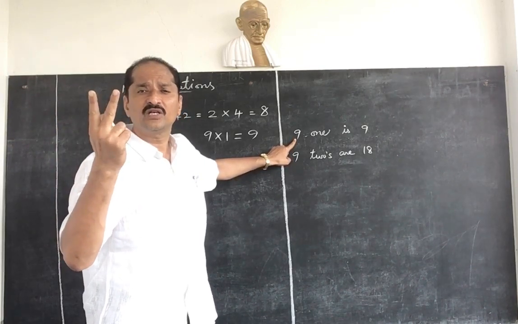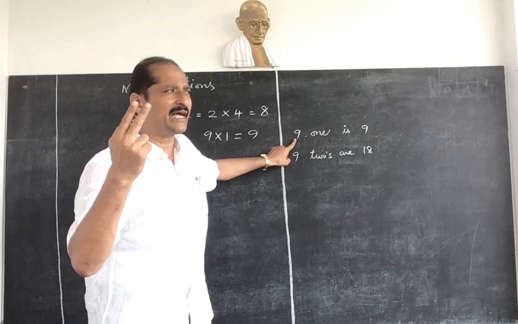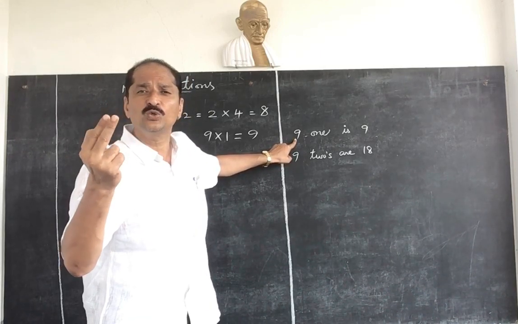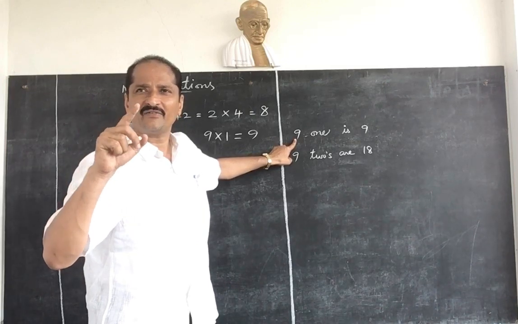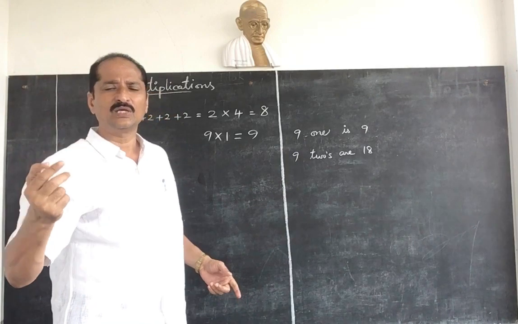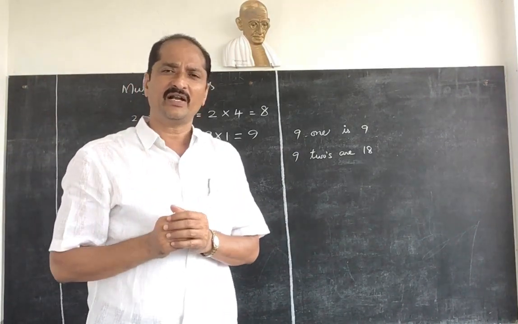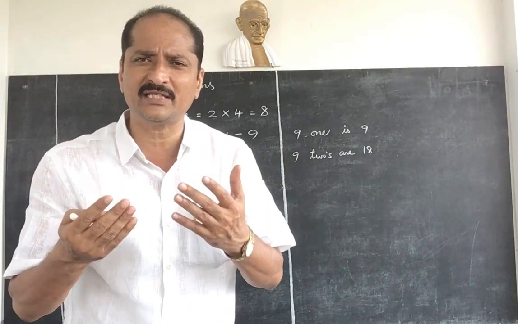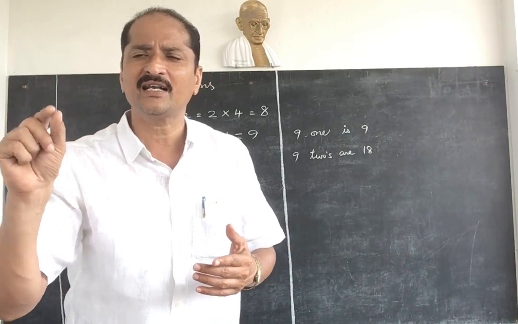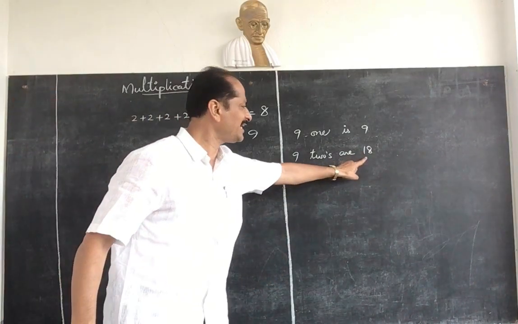Whenever you are telling about 2 times, that is 9 2s are. Whenever you are taking 2 or more times, that is a plural form, so we have to use are. 9 2s are 18.